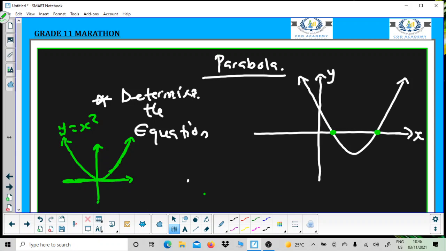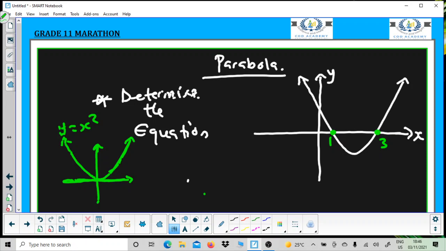When it comes to determining the equation of a parabola, there were 2 to 3 things we could be given. The one thing that I emphasized the most was when you are given the x-intercepts themselves. Let's say you are given the x-intercepts as 1 and 3. They won't just give you the x-intercepts, they'll give you one other coordinate.